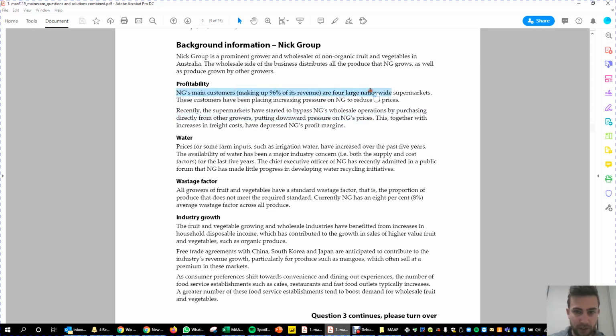Another main risk in this section is the fact that 96% of its revenue is made from 4 supermarkets. So they've got a heavy reliance on these 4 companies. It's effectively an oligopoly. And therefore a lot of influential power is sitting with its customer base.